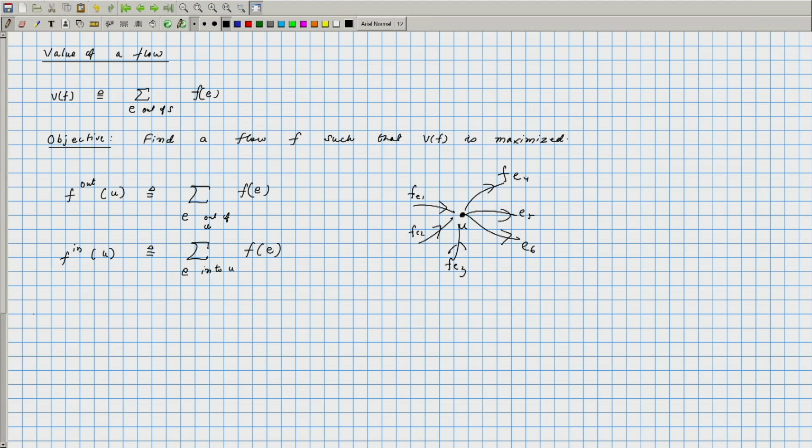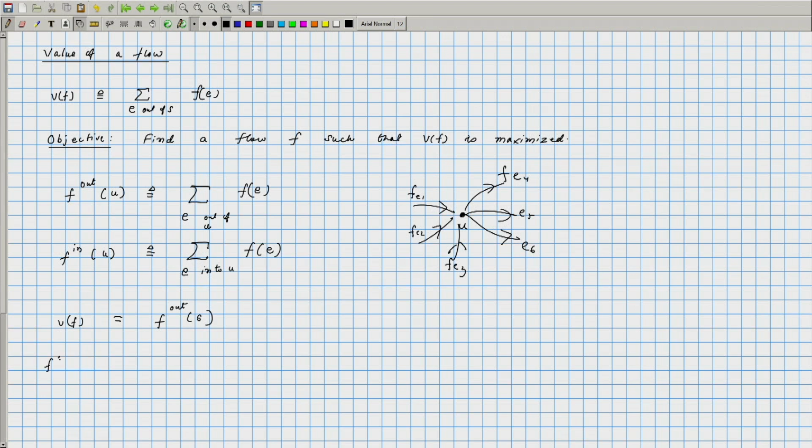And therefore, we can say that value of the flow is now simply f out of S, because S was our starting vertex, the source vertex. The flow out of S was basically the definition of the value of the flow.